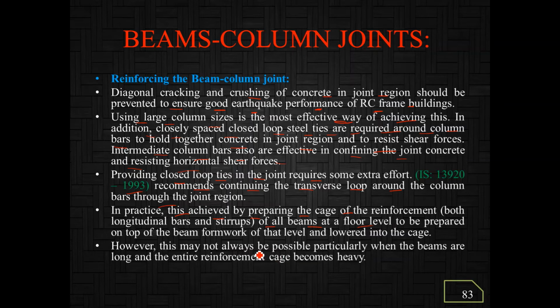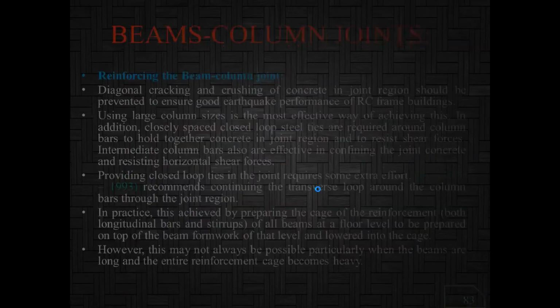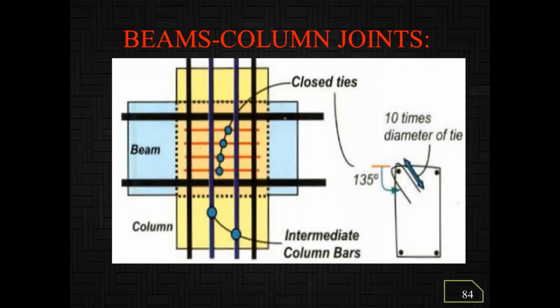However, this may not always be possible, particularly when the beams are long and the entire reinforcement cage becomes heavy. Now you can see here is a column, here is a beam, and this type of closed ties we have to provide, right?